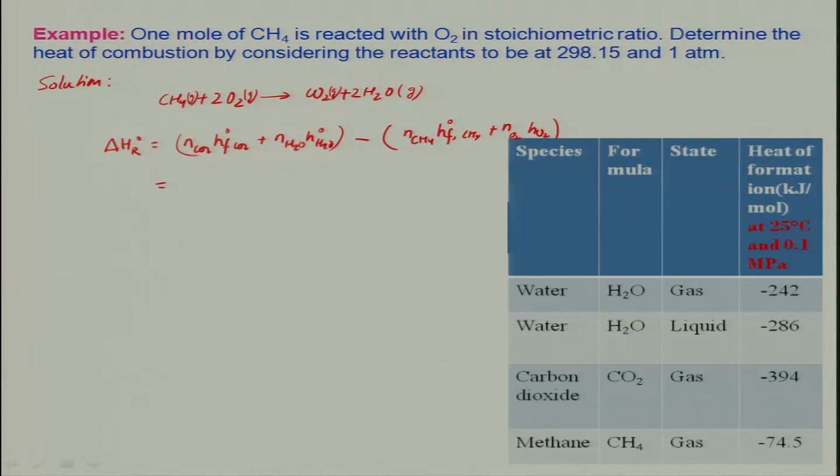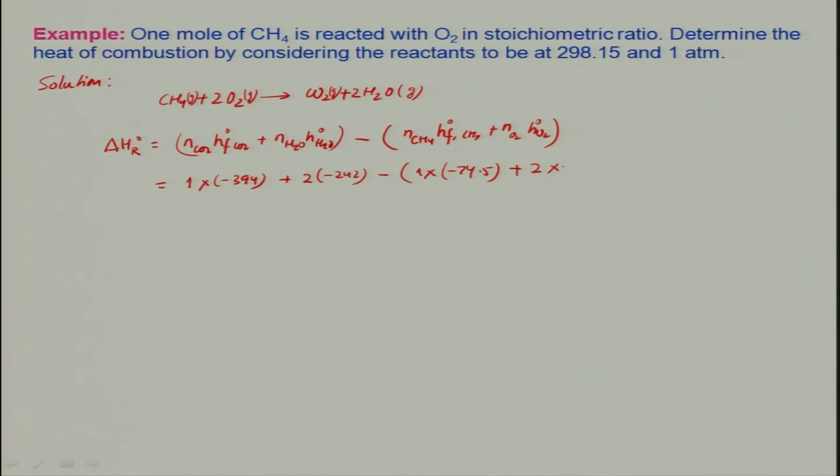For this case, it will be 1 mole of carbon dioxide, so 1 into minus 394 kilojoules per mole, plus 2 into minus 242 for water, corresponding to gas, minus n CH4, which is 1 into minus 74.5, plus 2 into 0 for oxygen.